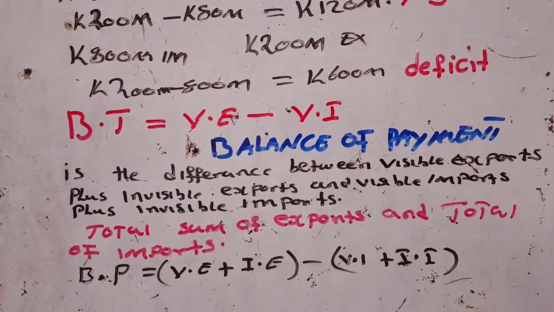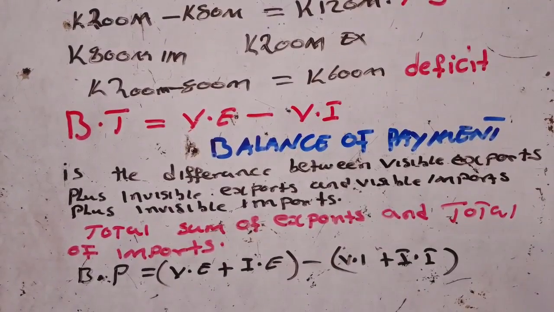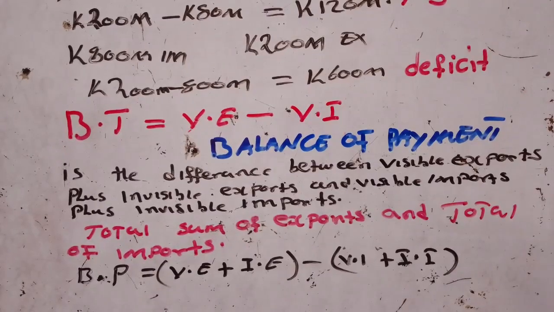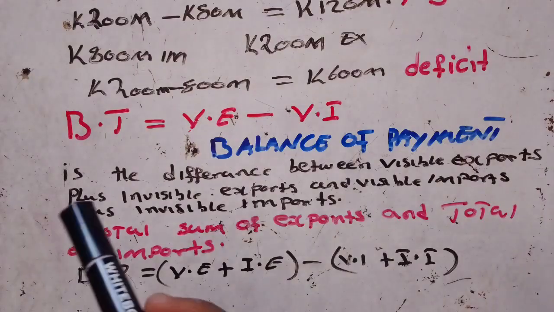Hear me clearly here. If visible exports plus invisible exports exceed visible imports plus invisible imports, a country is said to have a favorable balance of payment.